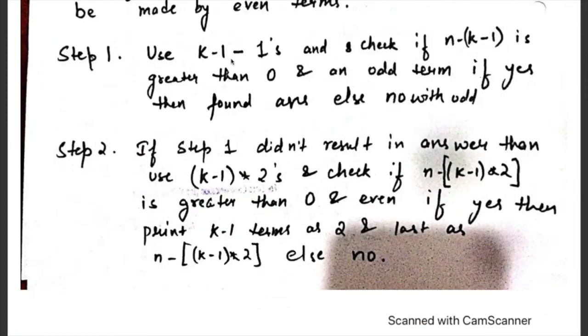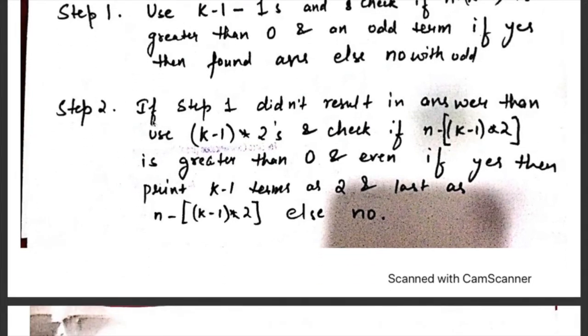First we will try to use k minus 1 ones and check if n minus (k minus 1) is greater than 0, that is, we have some positive integer for our last term, and that last term should be odd because we are taking all odd terms. If yes, then we will print that answer right away, else we will move to the second step.